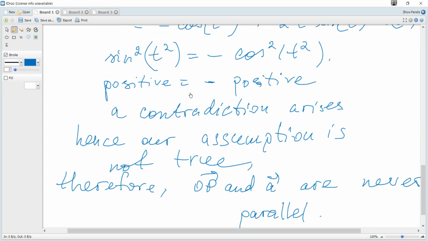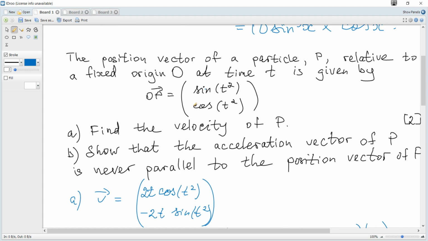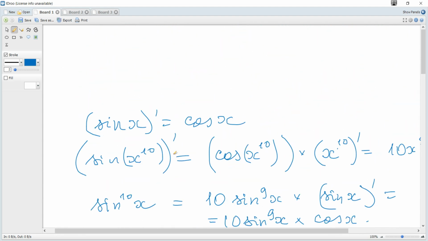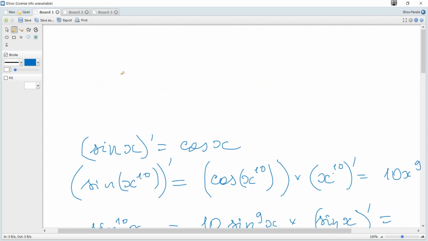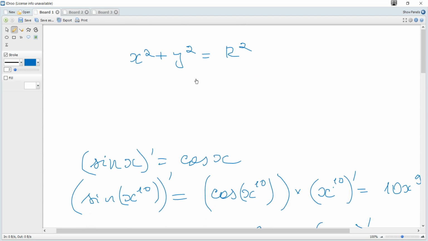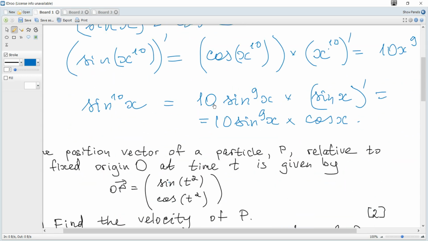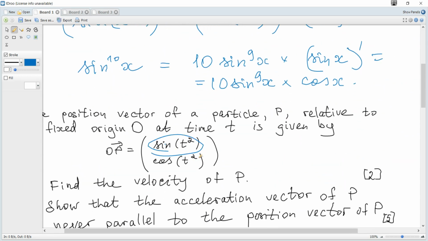That's all for this question, but you should also know that a particle is moving in a circle. The trajectory is a circle when x squared plus y squared is equal to some number, and this number is the radius squared, and the center is at the origin. The position vector starts at the origin and gives us the x coordinate and y coordinate of a particle at any moment of time.